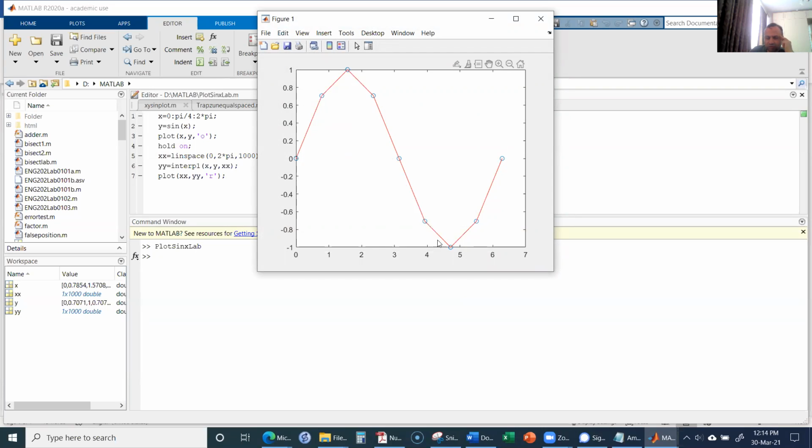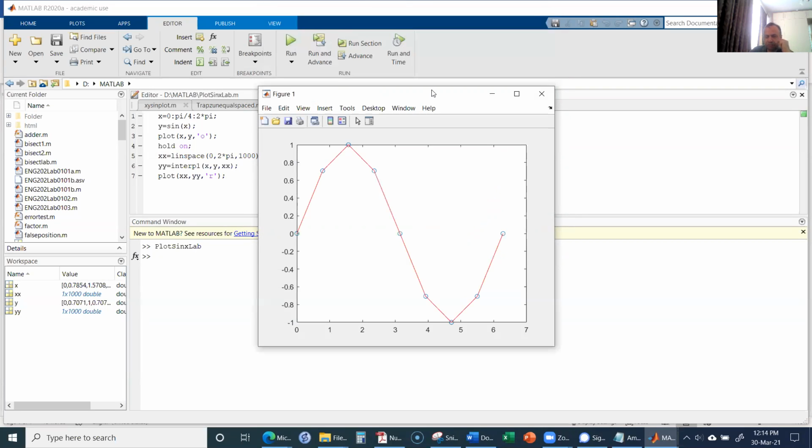Interpolation. So what do you see over here? You can see that the interpolated points have been drawn almost by a straight line. So if you want an improved interpolation, you need to specify what type of interpolation you want.